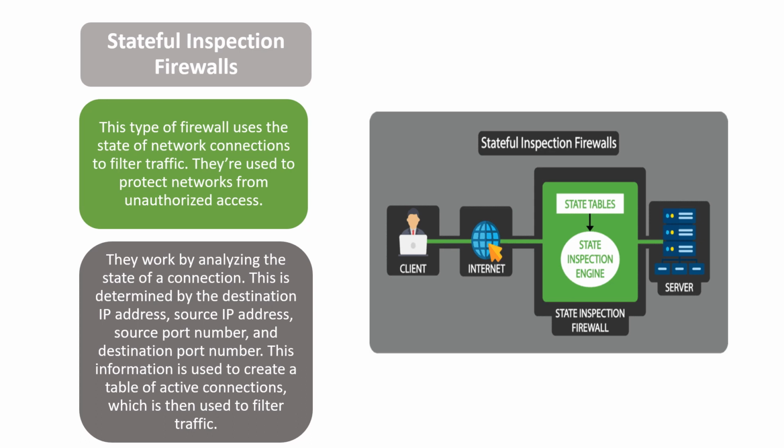Based on that, it will analyze the state of the connection, and this information is used to create a table of active connections, which is then used to filter the traffic. So this is about the stateful inspection firewall.